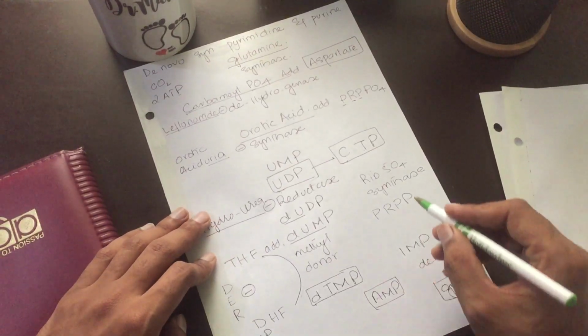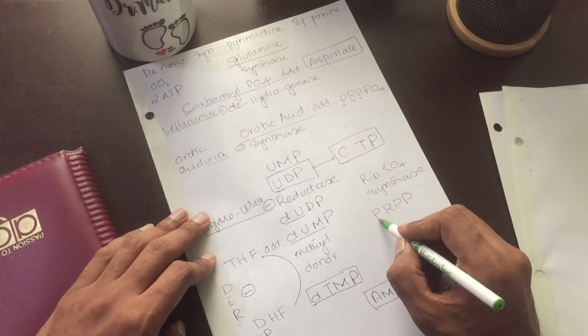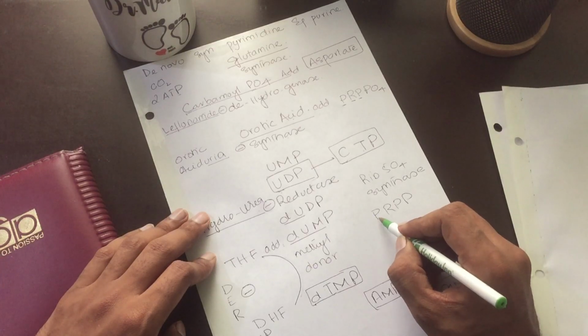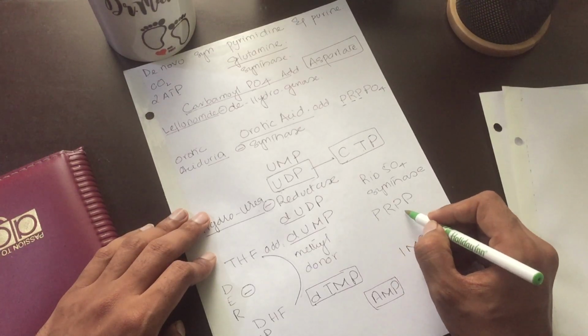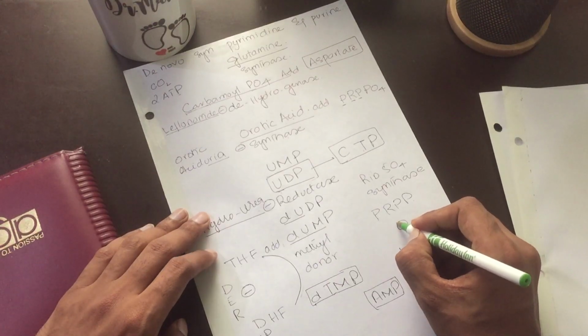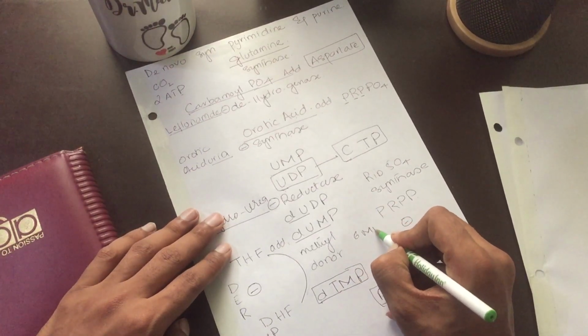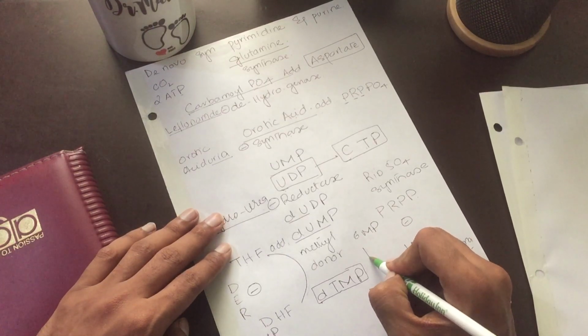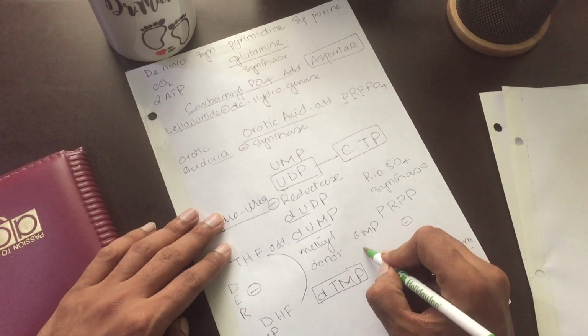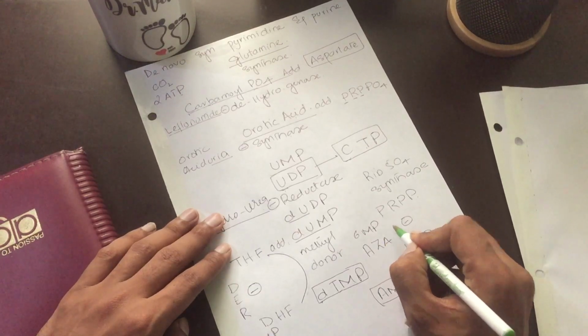So this phosphoribosyl pyrophosphate pathway is inhibited by a medication known as 6-mercaptopurine or azathioprine.